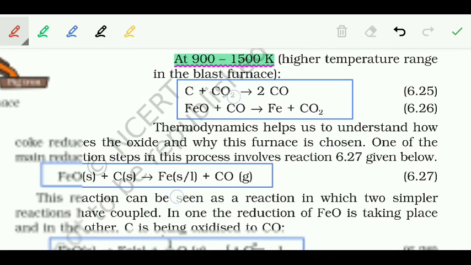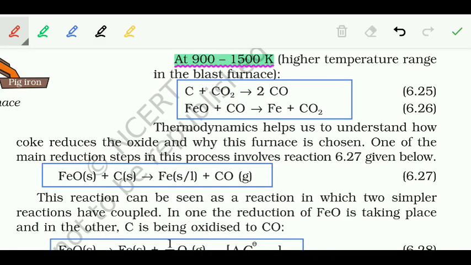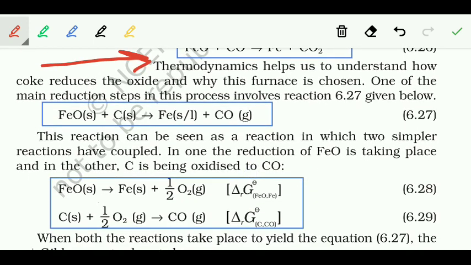Okay, fine. Let's look at the next point. Thermodynamics helps us to understand how coke reduces the oxide and why this furnace is chosen. Means from the thermodynamic aspect we can understand what the role of carbon is over there and why this kind of furnace is used. So one of the main reduction steps in this process involves reaction 6.27 given below.